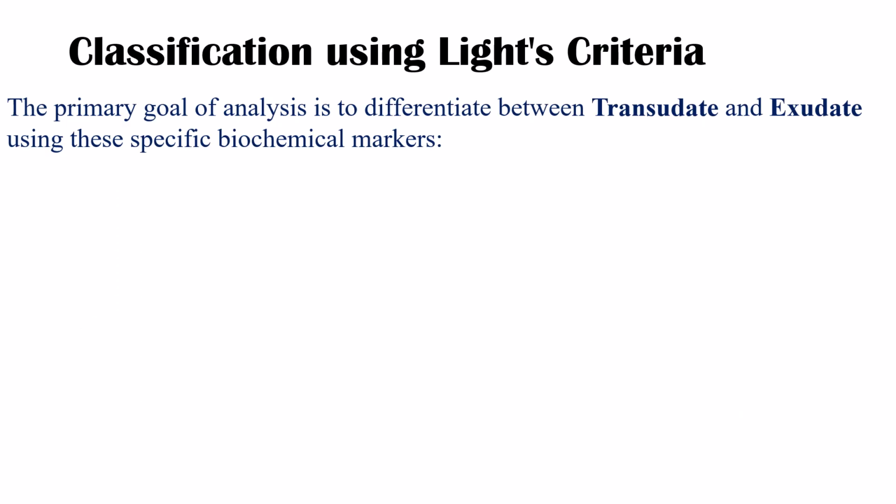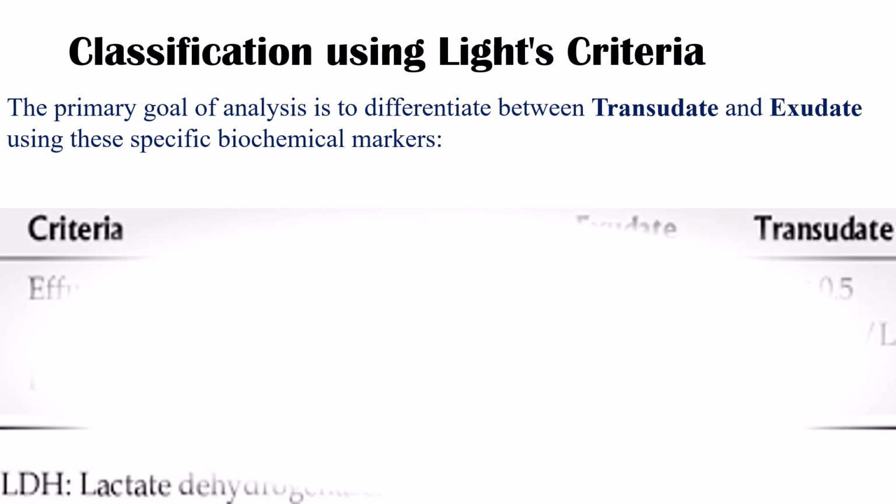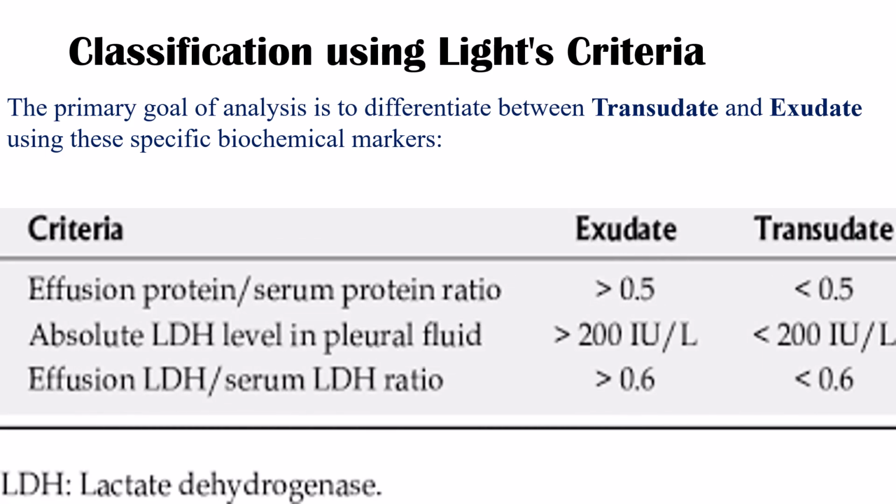The primary goal of pleural fluid analysis is to differentiate between transudate and exudate using specific biochemical parameters. According to Light's criteria, we call pleural fluid a transudate if the effusion protein to serum protein ratio is less than 0.5, absolute LDH level in pleural fluid is less than 200, and the effusion LDH to serum LDH ratio is less than 0.6.